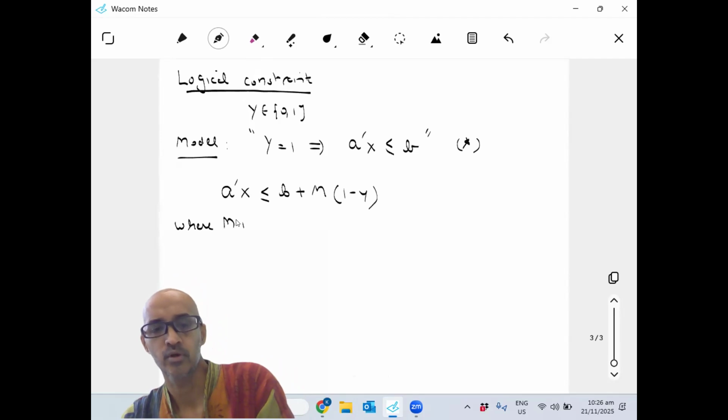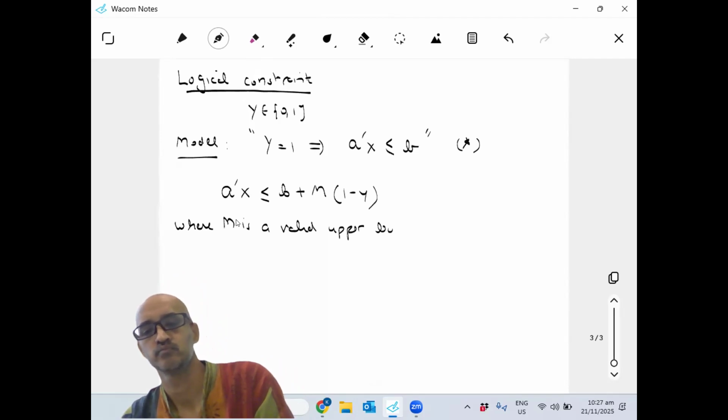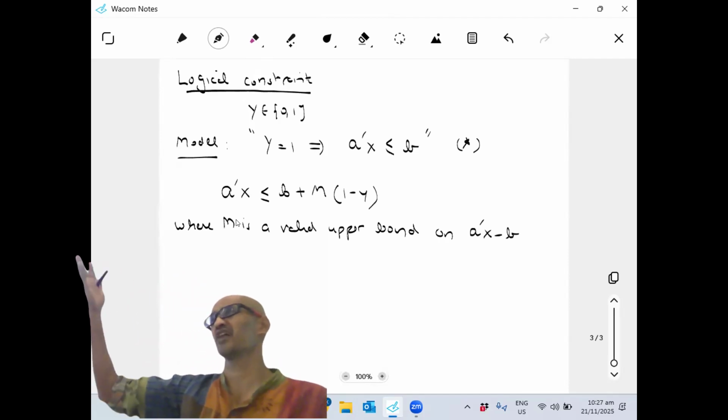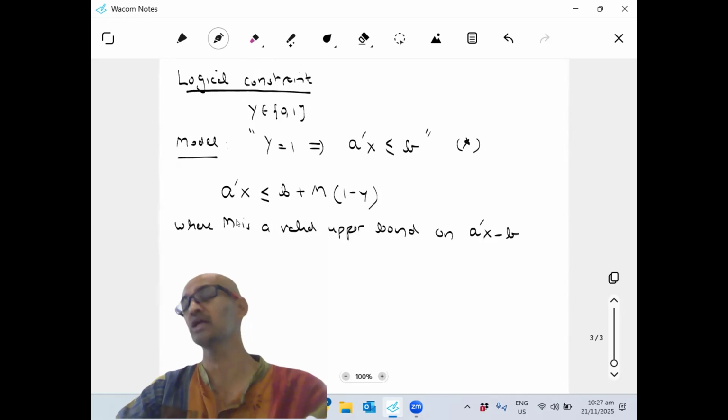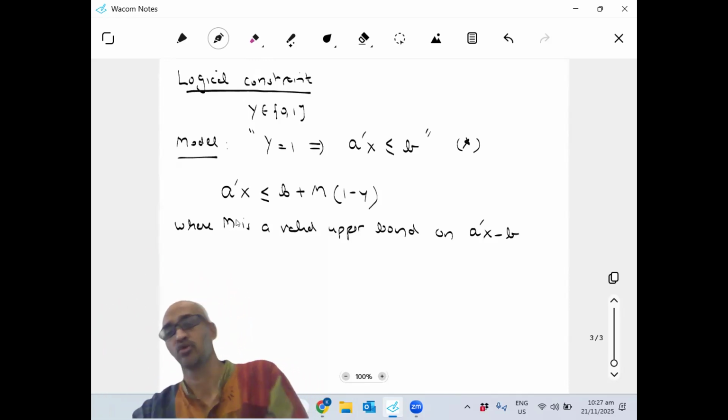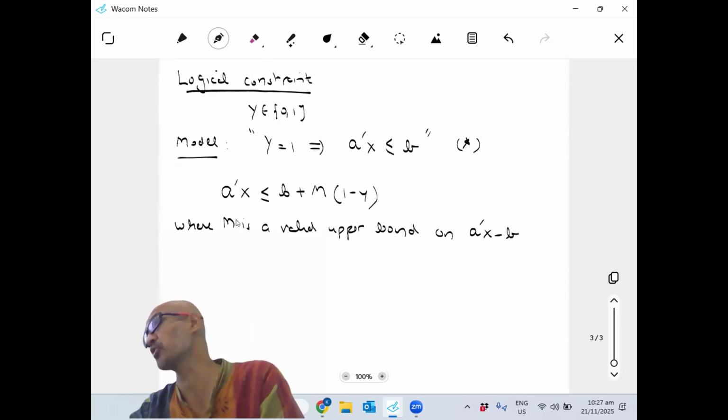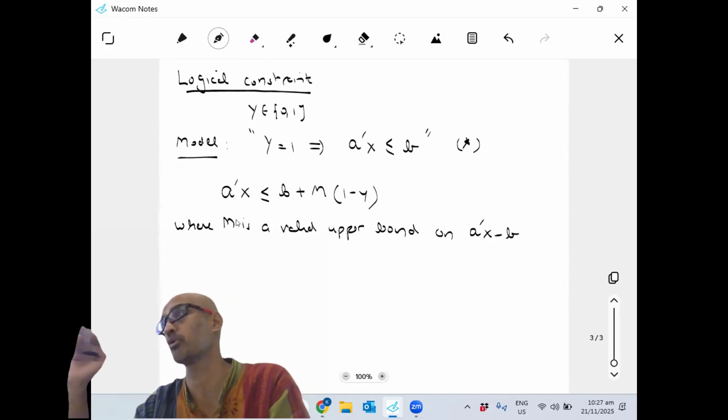M is a valid upper bound on the difference A transpose x minus b. There are some variables x in your problem, and there is some constraint A transpose x less than or equal to b. M is a large enough number so that the difference of A transpose x and b is always below M.